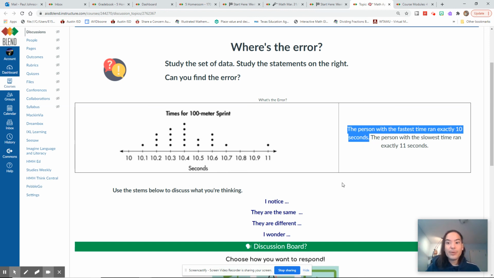And as you can see, you could totally understand this problem, but that wondering is a good question, right? Did they forget to put the dot on the dot plot above the 10? Or did they just put it in the wrong place and accidentally put it over 10 and 1/10? These are the types of wonderings that you would ask yourself if you did a test and you saw a mistake, right? So think about it like that.